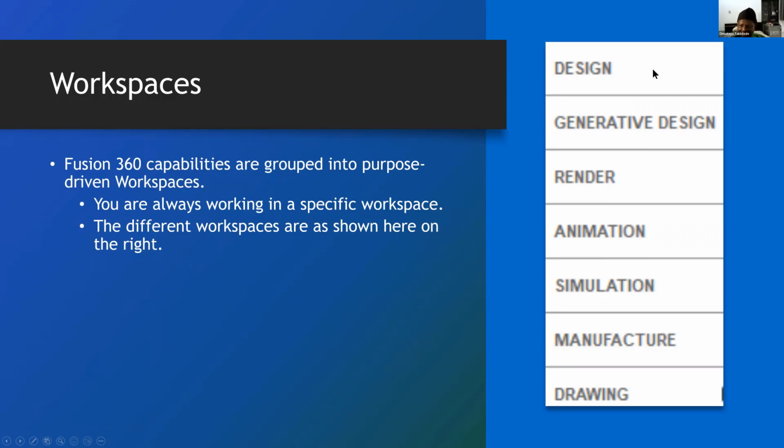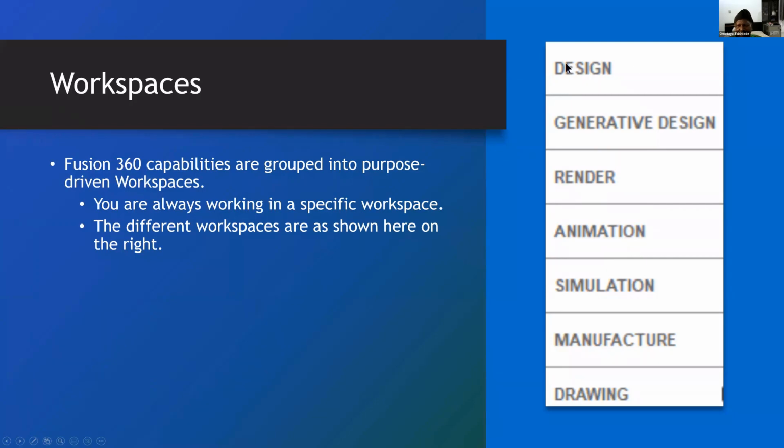These are the design workspace, the generative design workspace, render workspace, animation workspace, simulation workspace, manufacture workspace, and drawing workspace. These are all the workspaces that are available to you to use in Fusion 360. But for this course, we're going to limit ourselves mostly to design, and sometimes we'll talk about the drawing workspace. We're only going to browse through some of the other ones.